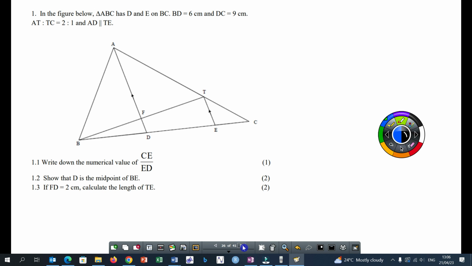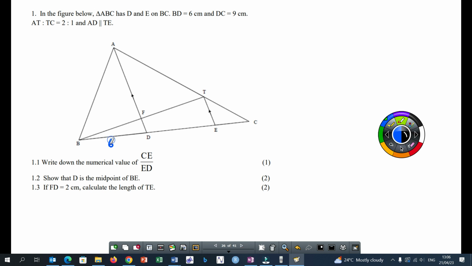Right, then this one now. Right, with regard to this one, the moment you see your ratios, straight away add that information on the diagram. So we have BD equal to 6 centimeters and CD is 9 centimeters.